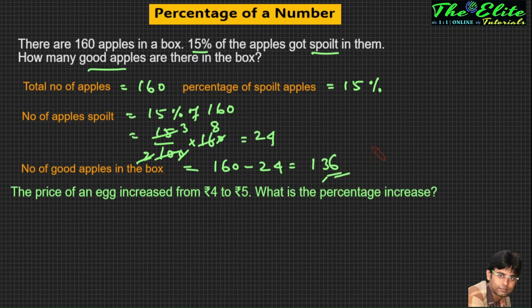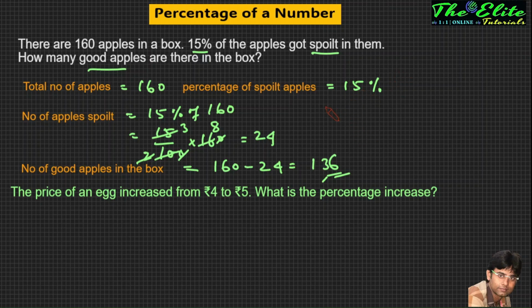Yes, very good. There is one more method actually to find it. If 15% are spoiled, then 85% are good apples, isn't it? Because 15 plus 85 makes it 100%, and 100% means the total. So from the total, 85% are still good apples.